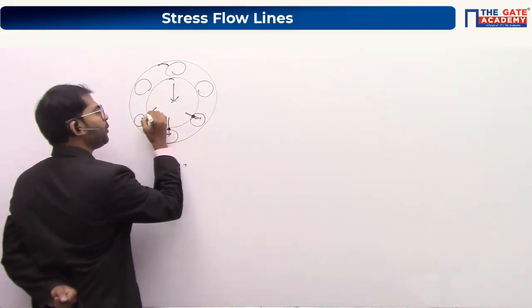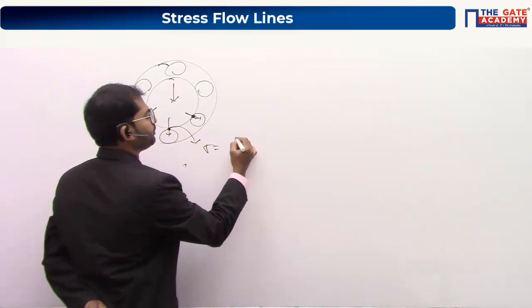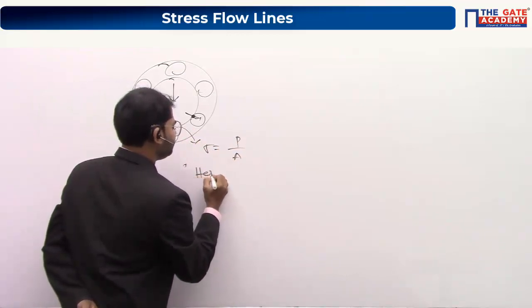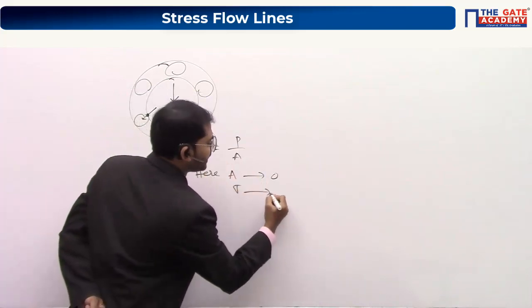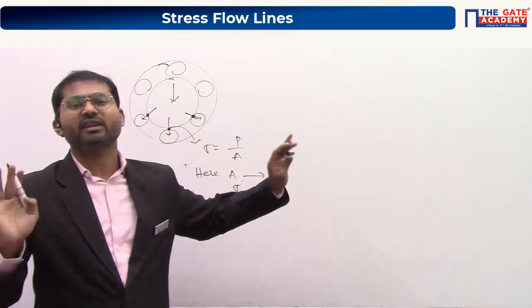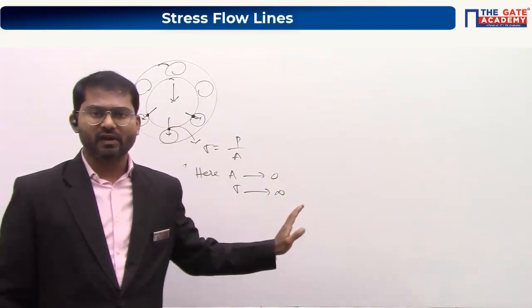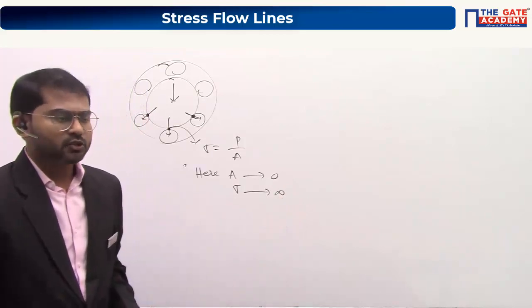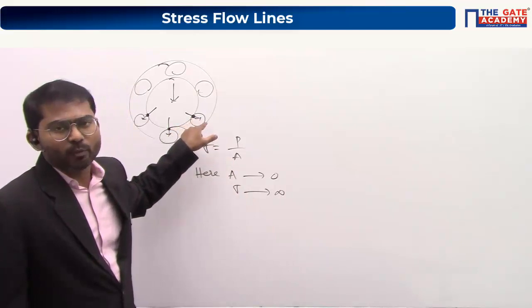If I ask you what is the stress at this location, sigma is equal to P by A, but here A is tending towards 0. Theoretically, sigma will tend towards infinity, so it is going to be a very, very high value. In a real scenario, it will not become infinite. Clear? So stress is increasing because the load is passing through a point here.